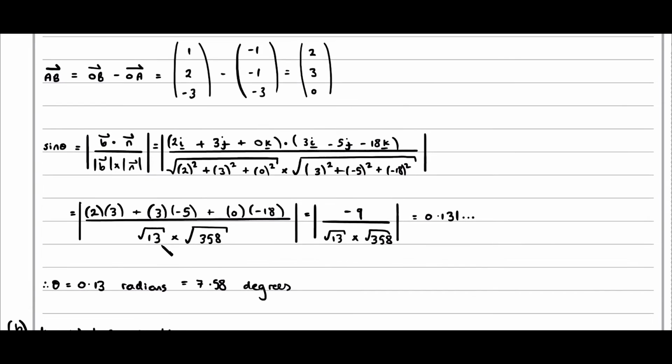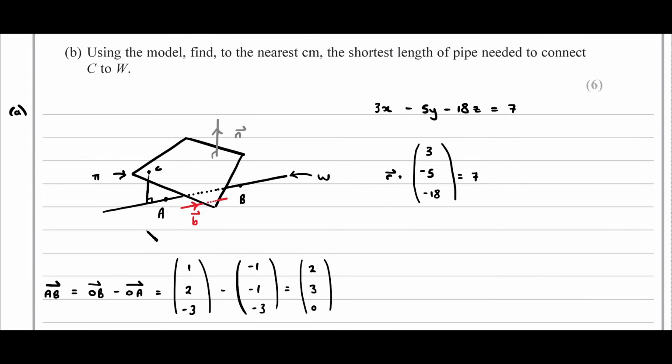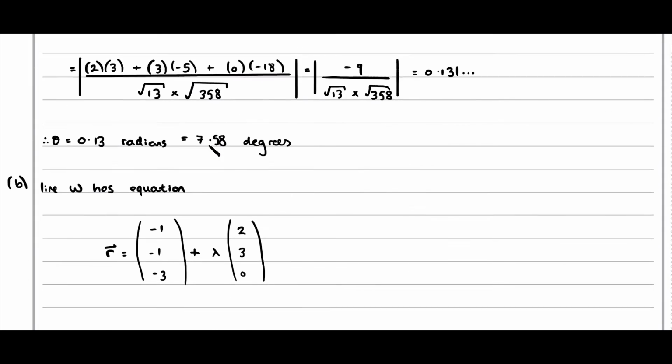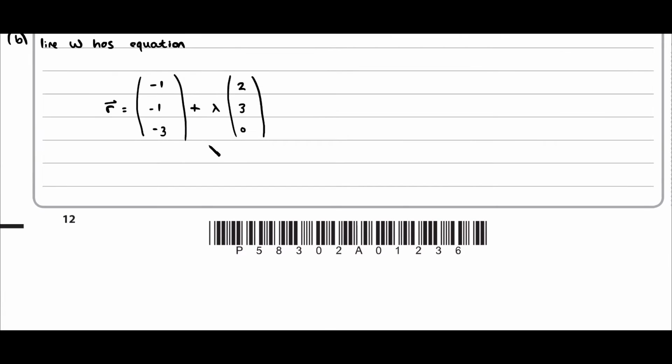R is equal to OA plus lambda lots of this direction vector. And we also know that CW is perpendicular to AB. So the vector CW is perpendicular to the vector AB.